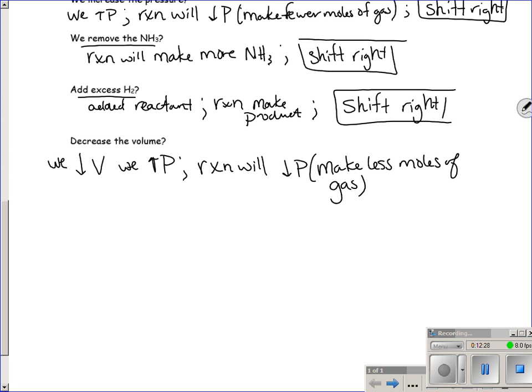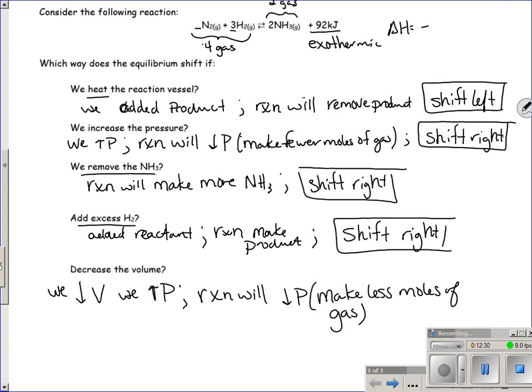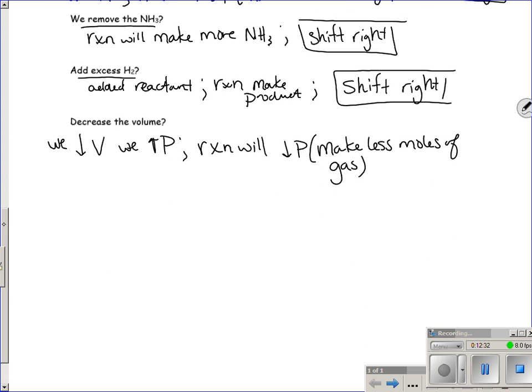We have 4 moles of gas in the reactants, only 2 moles of gas in the product. So it's going to run in the forward direction to make fewer moles of gas, and we call that a shift to the right, in the forward direction. Okay, that is LeChatelier's principle in a nutshell.